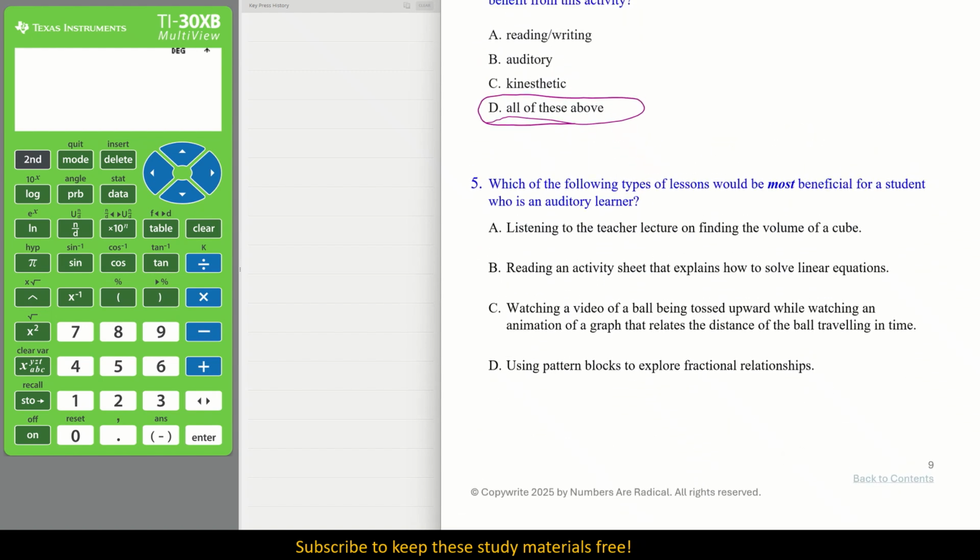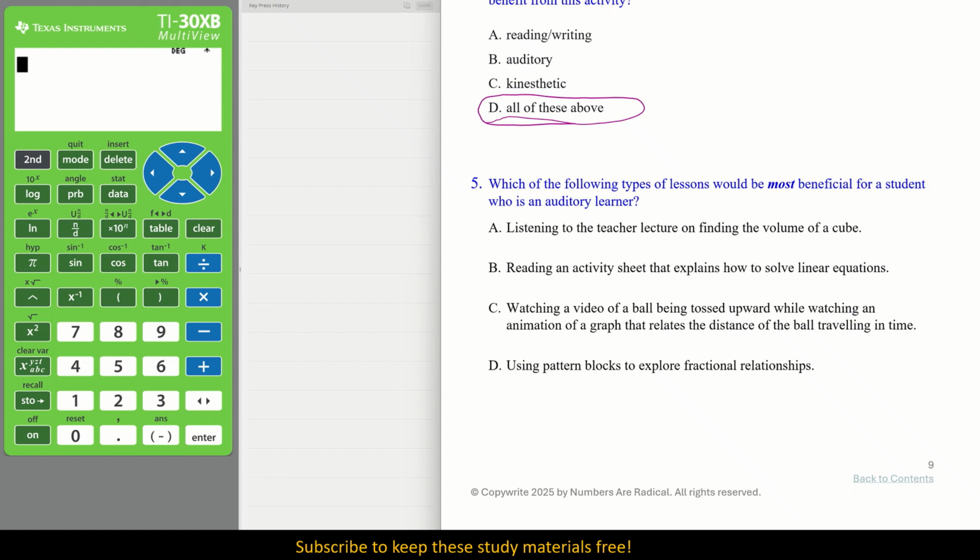Okay. Which of the following types of lessons would be most beneficial for a student who is an auditory learner? Okay, for this question, they're just seeing if you know what that means. Okay, do you know what that means? Well, that is speaking, listening kind of thing. Okay, all right.